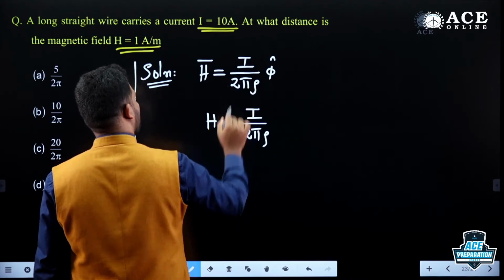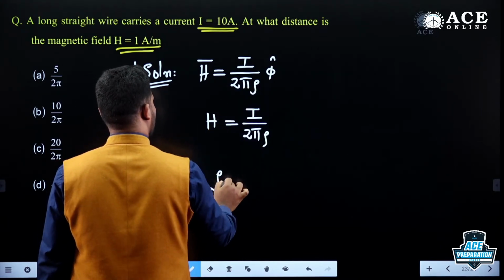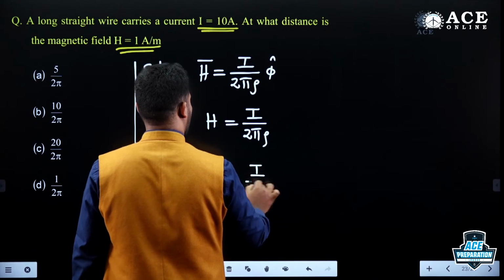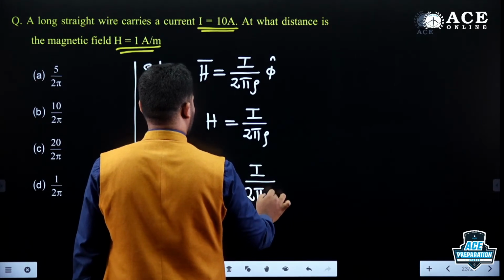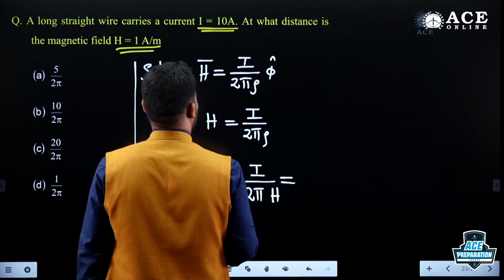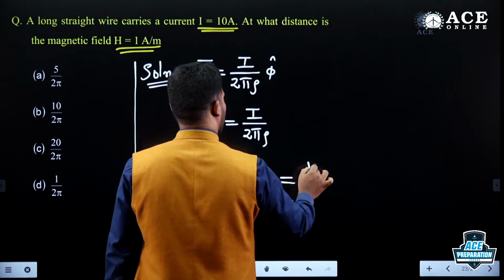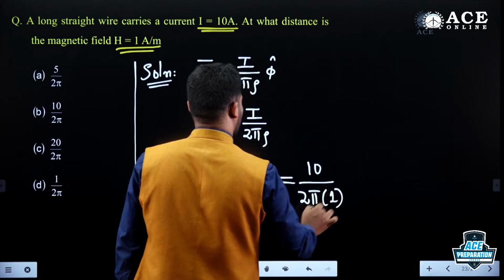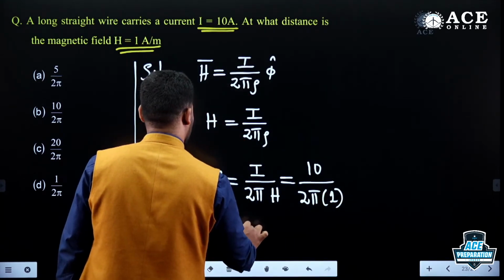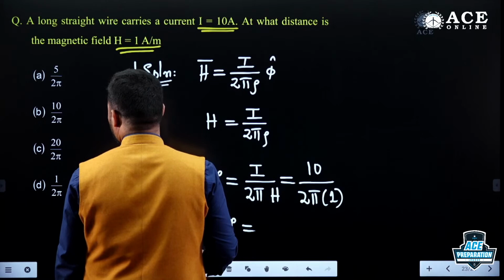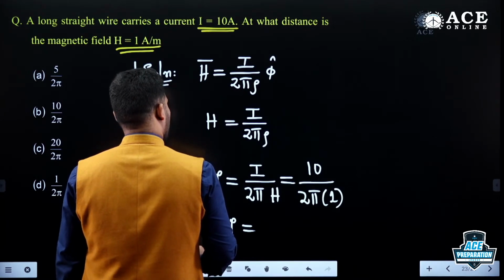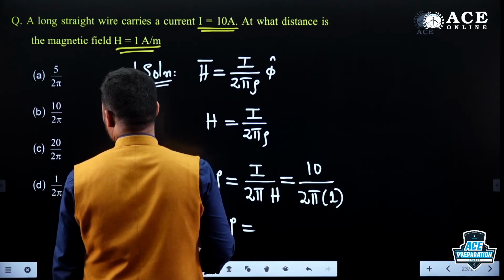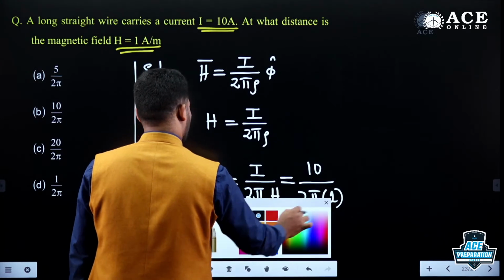Magnetic field is given, current is also given, and the question asks for the distance. Rho is equal to I by 2 pi into H. How much is the current? 10 amperes divided by 2 pi into the magnetic field, which is 1. So rho is equal to 5 by pi. 5 by pi is the answer. Let me adjust the options here.